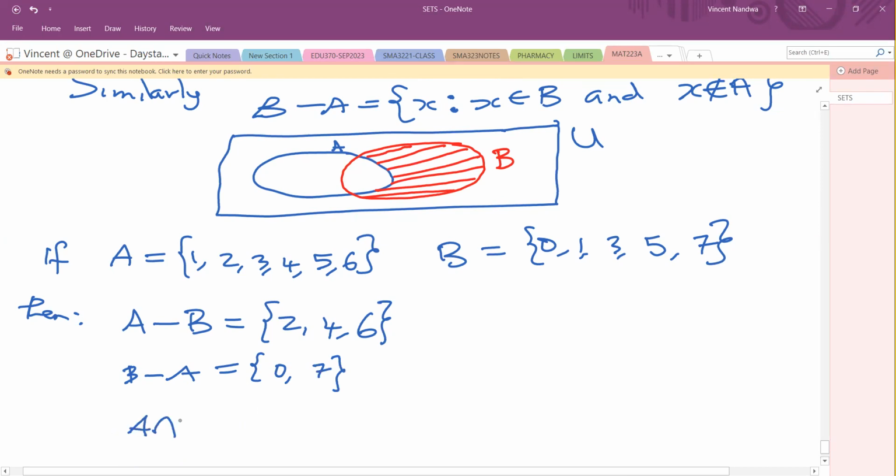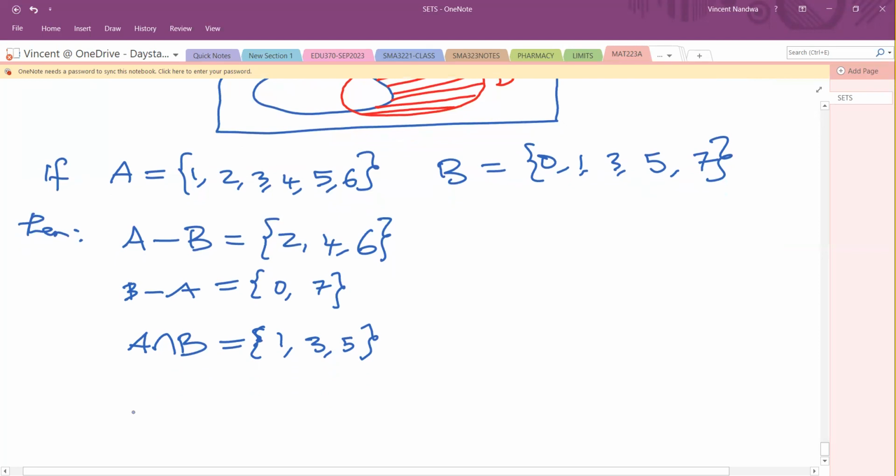And what is A intersect B? 1, 3, and 5. Correct. What is A union B?